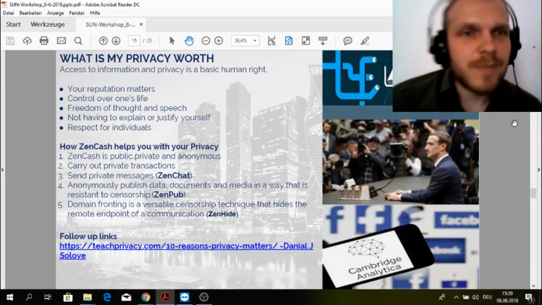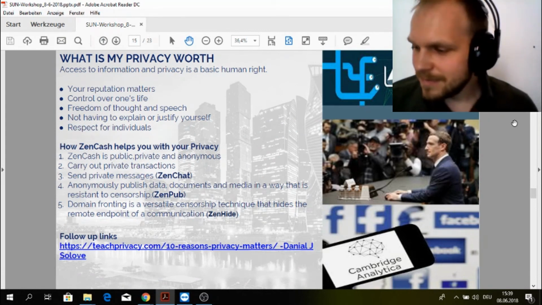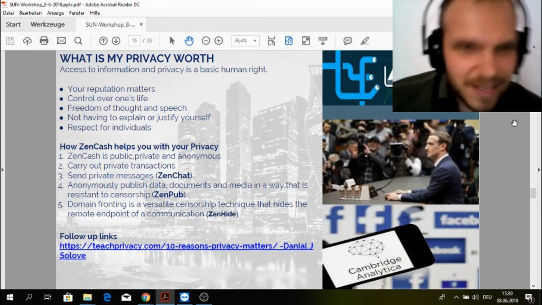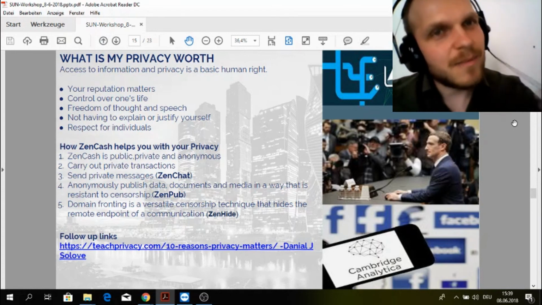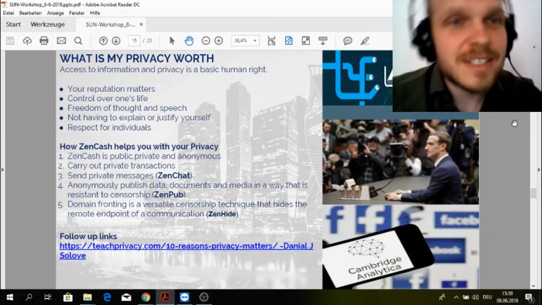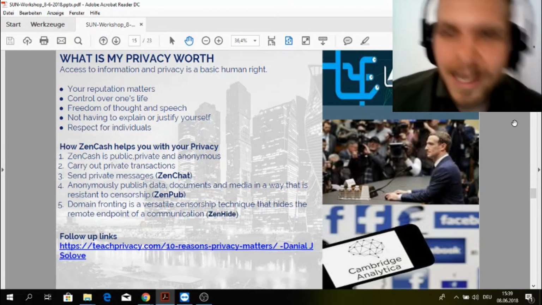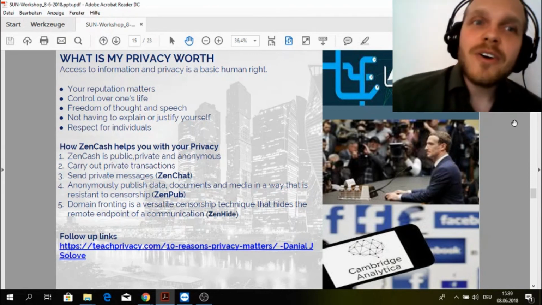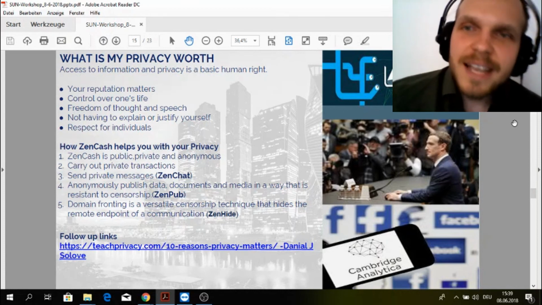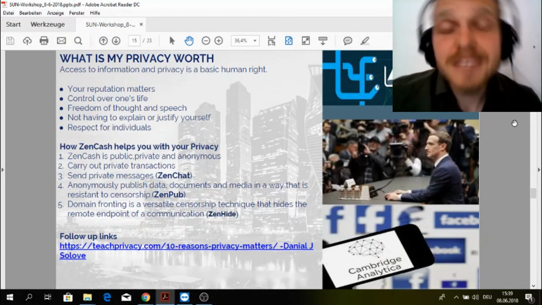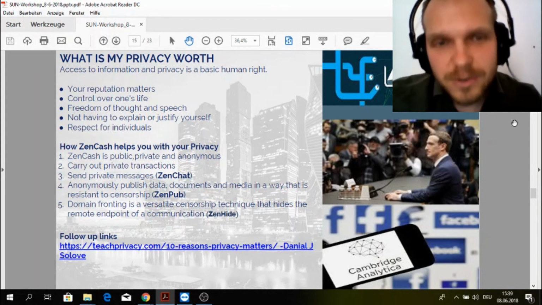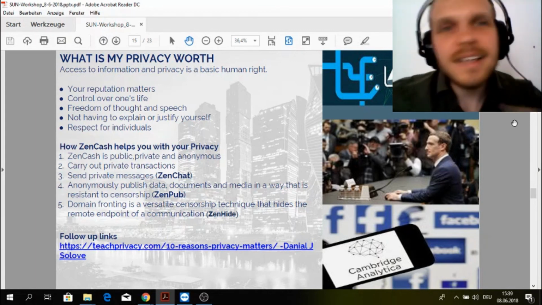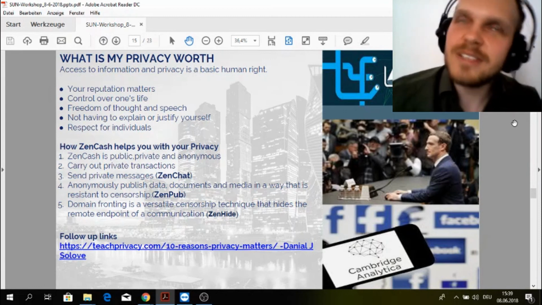Okay, next slide, please. Right, slide 15. Yes. So up to now I was not talking much about ZenCash, but now it's time for it, because ZenCash is a privacy coin. It is important to understand that in blockchain, if you are using a public chain, then everyone can access all data, because that is the point of it.